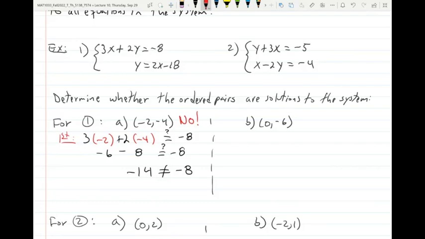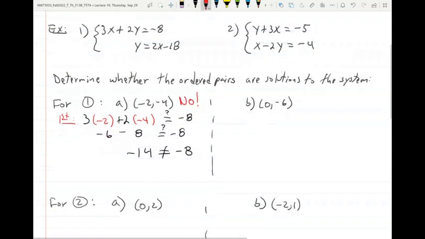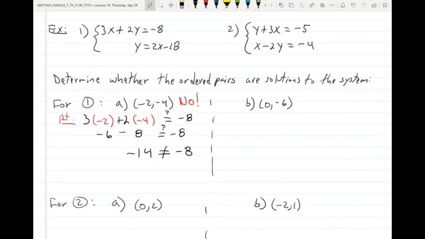B, again, we're working with the first system. Let's do B, and then the other two points are for the second system. So do them, I'm going to give you a couple of minutes.